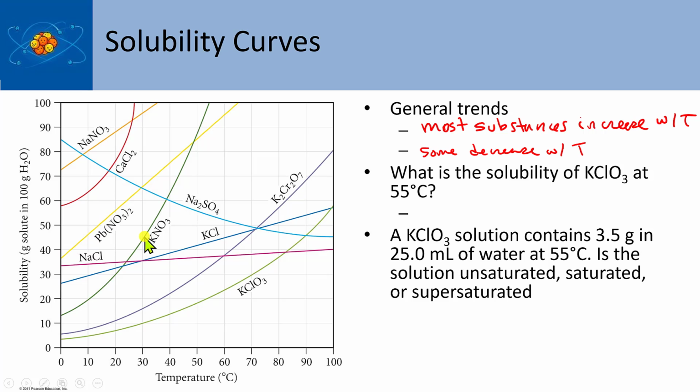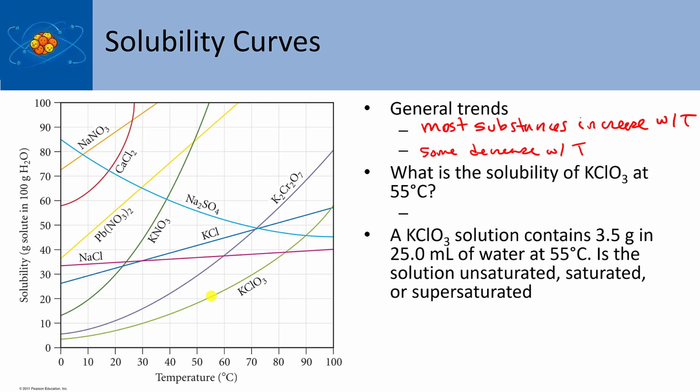Let's see how you read this chart, and then we'll use one of the numbers in the calculations. It says, what is the solubility of potassium chlorate at 55 degrees Celsius? For potassium chlorate, we go to 55 and run up to this point here. This line is 20, but it's just a little above, so about 21 or 22.